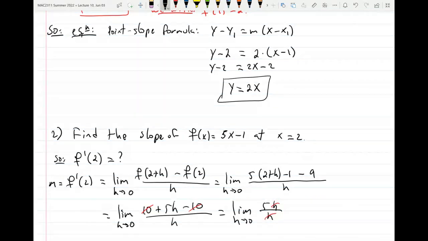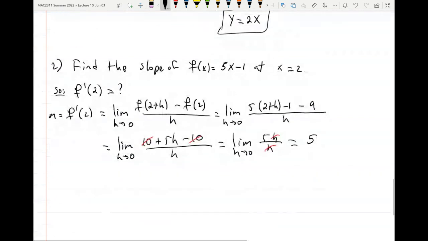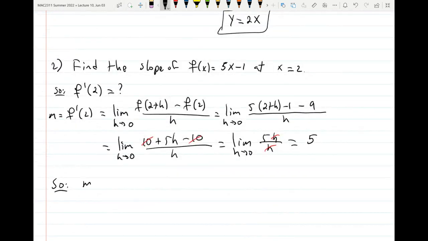The h cancels, and then this limit is 5, as expected, right? So we were expecting to get an answer of 5. Okay, so the slope m, which again we denote like this, equals 5, as expected.